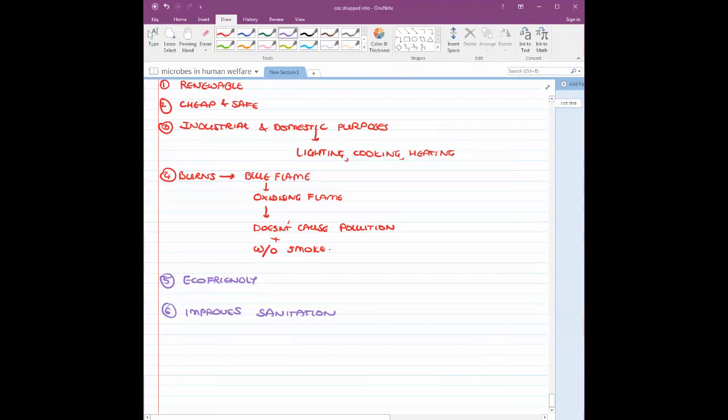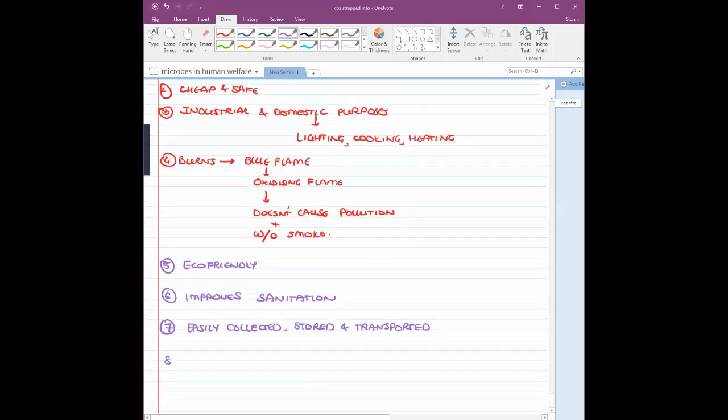So it improves sanitation. And lastly, but the most important thing, guys, is that this is going to be easily collected. It can be easily stored, and it can be easily transported from one place to another. Easily collected, easily stored, and easily transported. And oh, sorry, there's one more point.